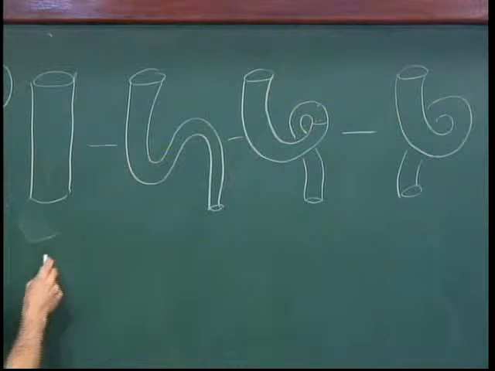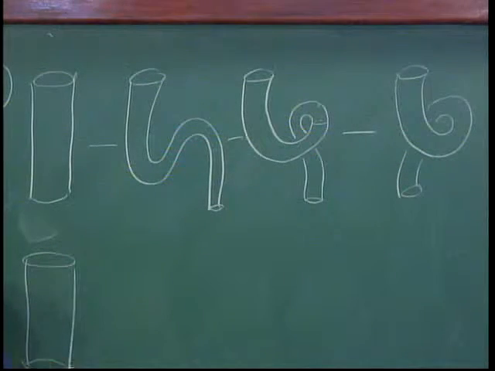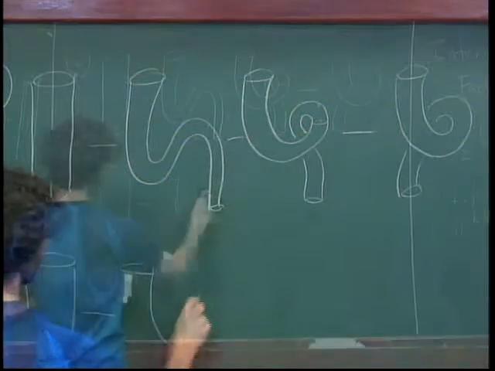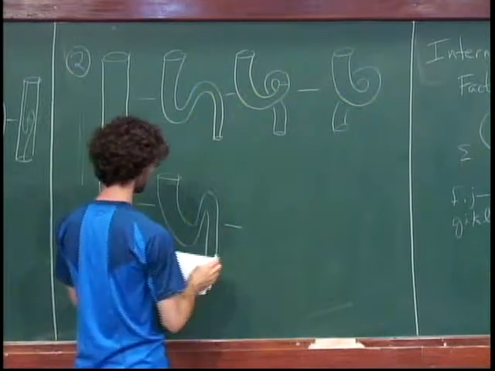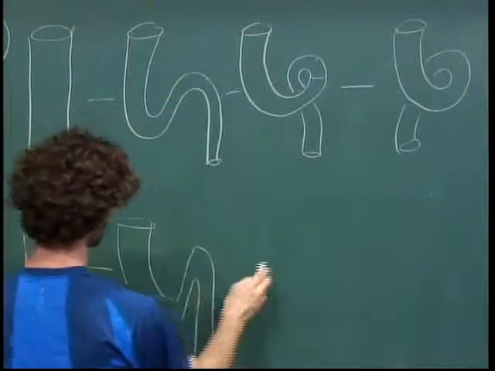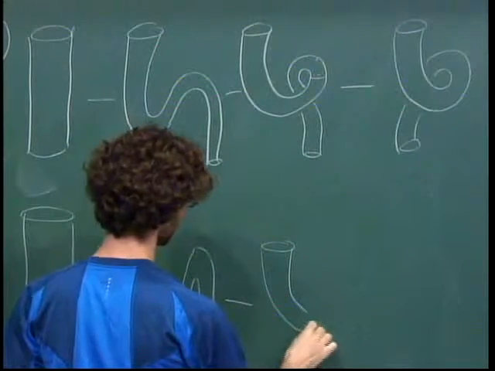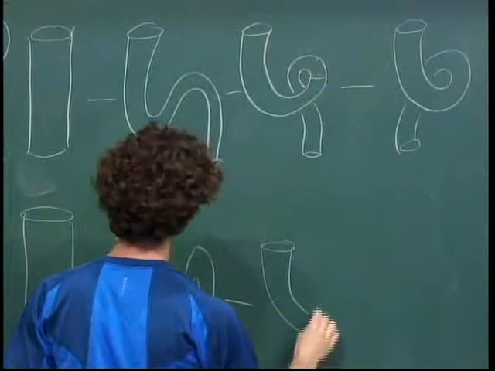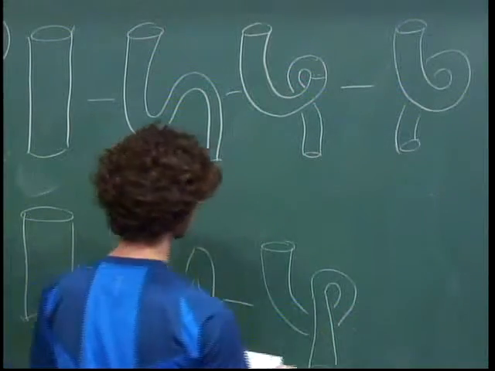And here's a different thing I can do. I can instead do the same snake up there, and then do an inverse braiding. So I braid the other direction here. So now I have this surface.